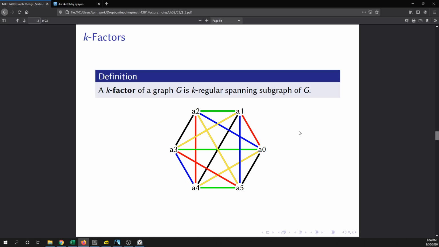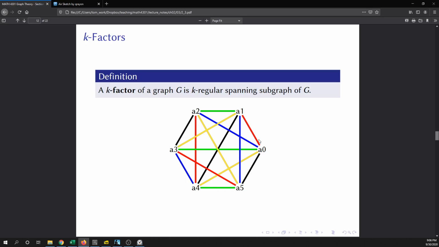That's what a k-factor is. One of the things of interest, and the thing that we'll use in the next theorem, is related to the proper edge colorings that we had for the complete graphs in the previous section. What you're looking at here is a proper edge coloring of the complete graph on 6 vertices.